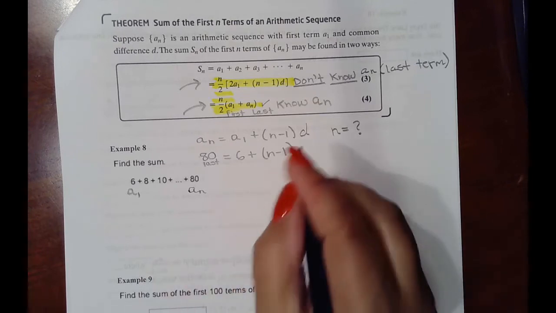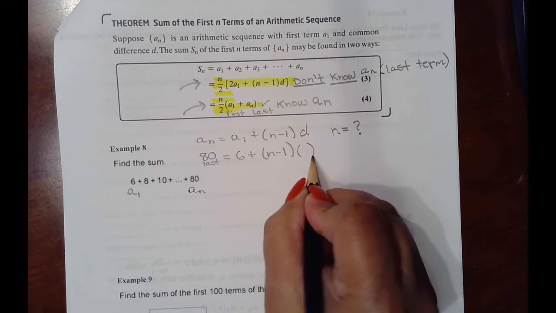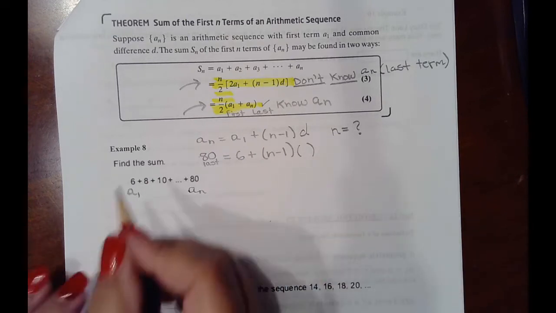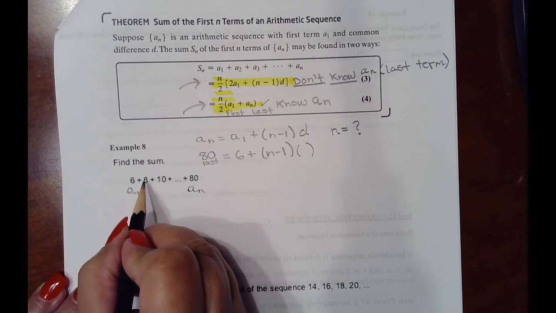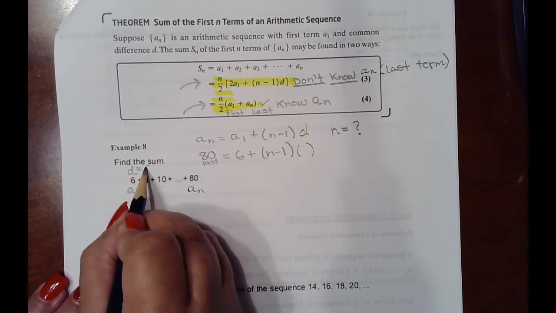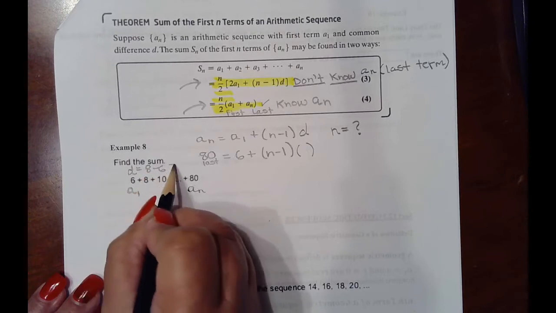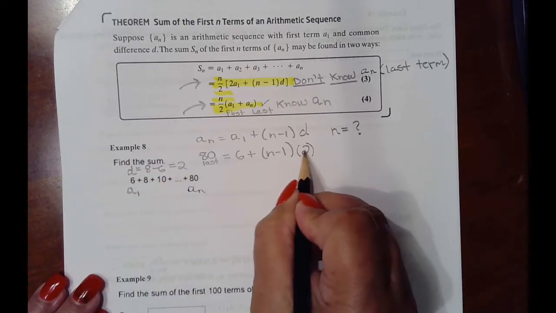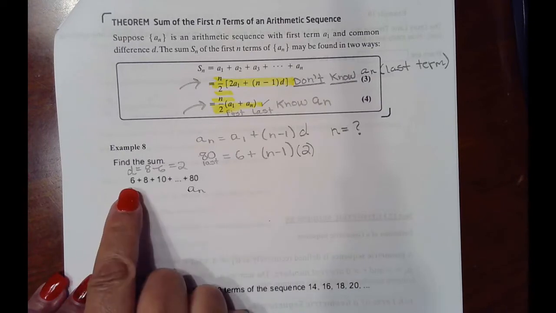I do know the common difference. And that common difference would be shown just by taking any term in the sequence and subtracting the one before that. So common difference is 8 minus 6, or 2. So I also have that number. And notice that there's 2 between each of these. It's a consistent difference, which is why it's an arithmetic sequence.